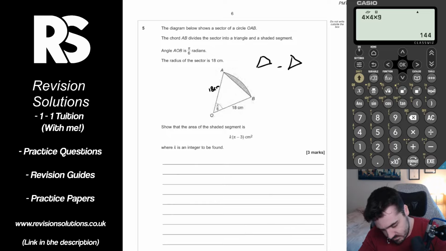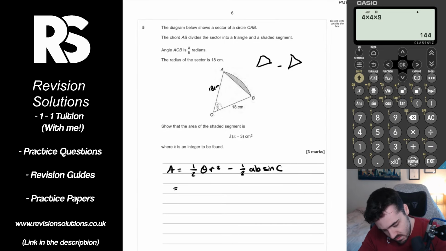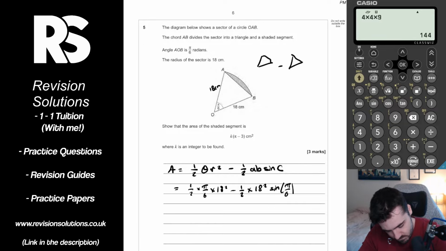So our area would be a half r squared theta minus a half AB sine C. That would be a half times pi on 6 times 18 squared minus a half times, it's going to be two lots of 18 again, so just another 18 squared sine of pi on 6. 18 squared we calculate to be 324, and then it's going to be halved. Divide that by 2. That's 162.